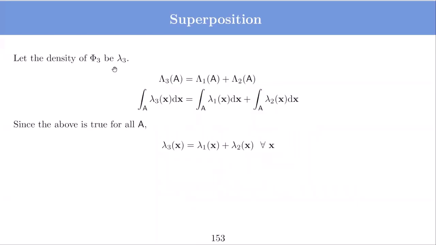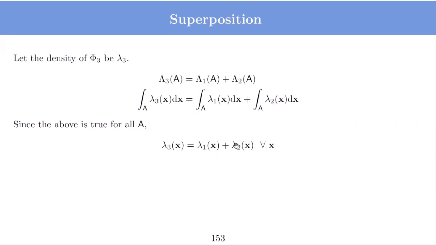So if the density exists for phi3, let it be lambda3, then lambda3(A) is equal to the integration of lambda3(x) dx over A. Similarly, lambda1(A) is the integration of lambda1(x) over A, and lambda2(A) is the integration of lambda2(x) over A. Now, since this is true for every A, I can take A very small, like an interval dx, and then I can show that lambda3(x) should be equal to lambda1(x) plus lambda2(x).